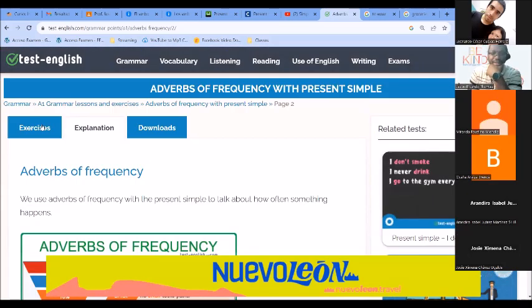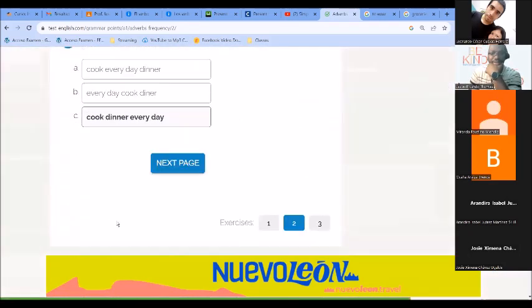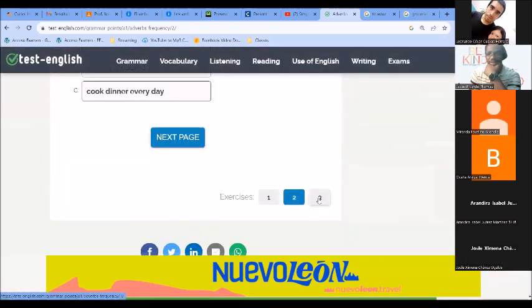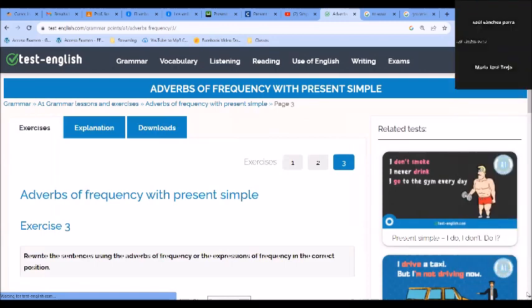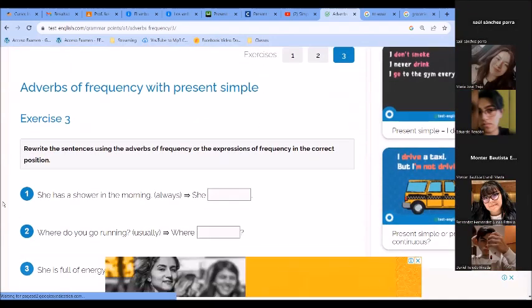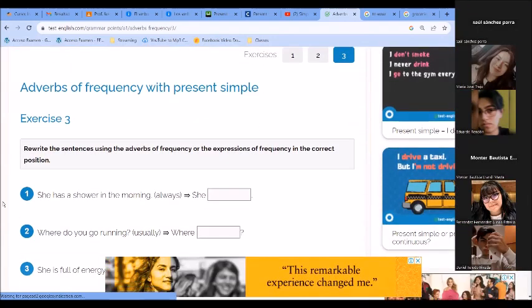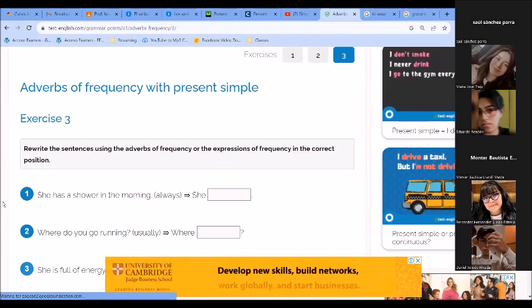All right. Now let's do some more. Let me go to page 3. Get some of the other people involved as well. Let's go with Saul. Now that we know how to use the frequency adverbs, let's make some sentences.